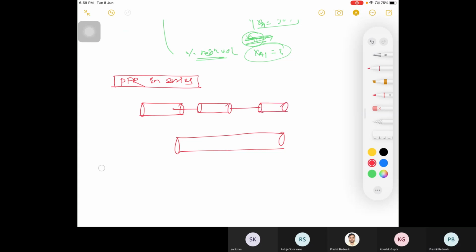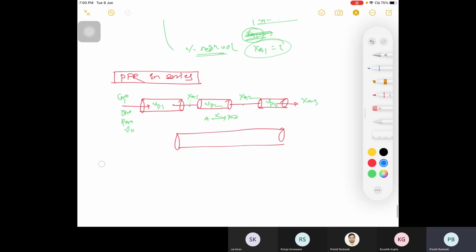This is your VP1, VP2, VP3. These are the volumes of your PFRs. If you are having CA naught, XA naught, FA naught, and nu naught here, and finally you will get XA3 here. This is your XA2 at exit of 2, and XA1 conversion at exit of 1. And you have reaction A gives product with rate constant K.